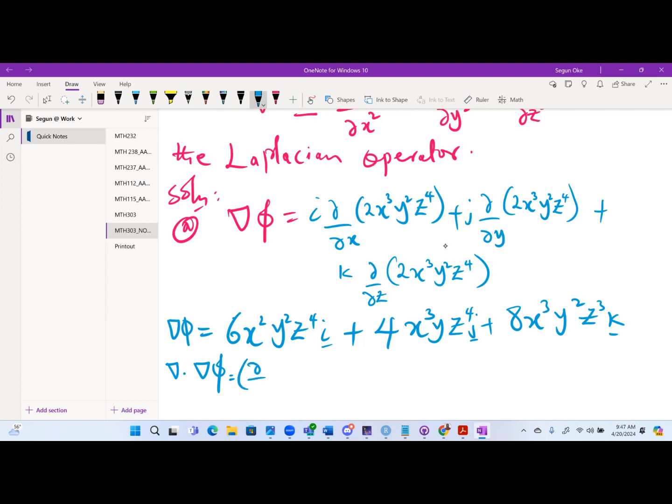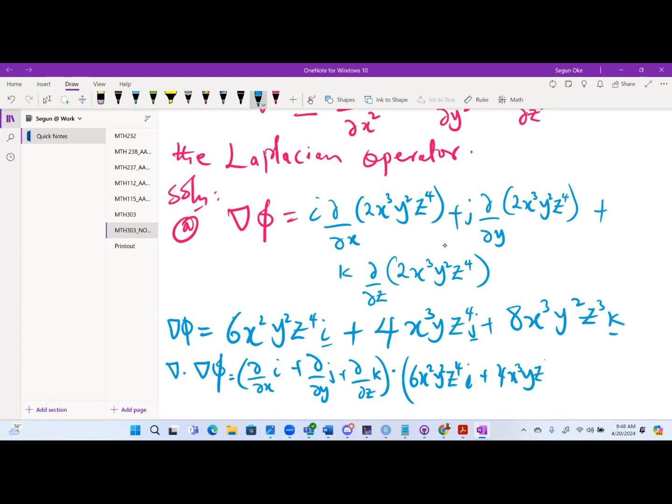The del will be d/dx i plus d/dy j plus d/dz k dot the entire value, which is 6x squared y squared z to the power 4 i plus 4x cubed y z to the power 4 j plus 8x cubed y squared z cubed k.